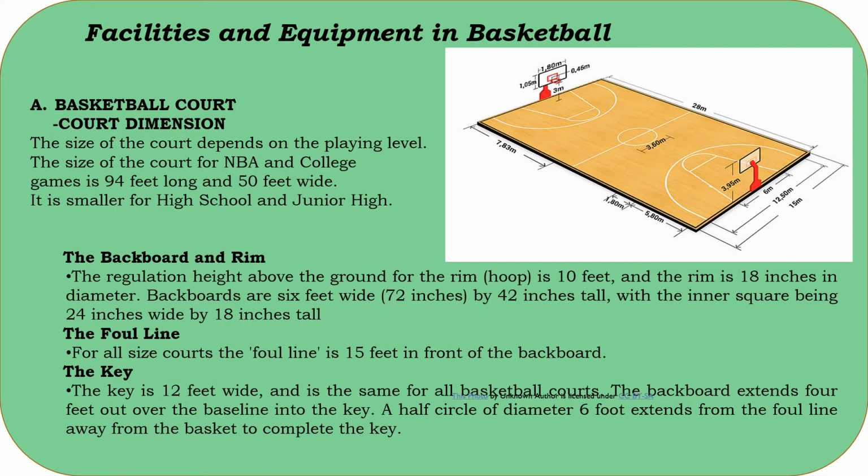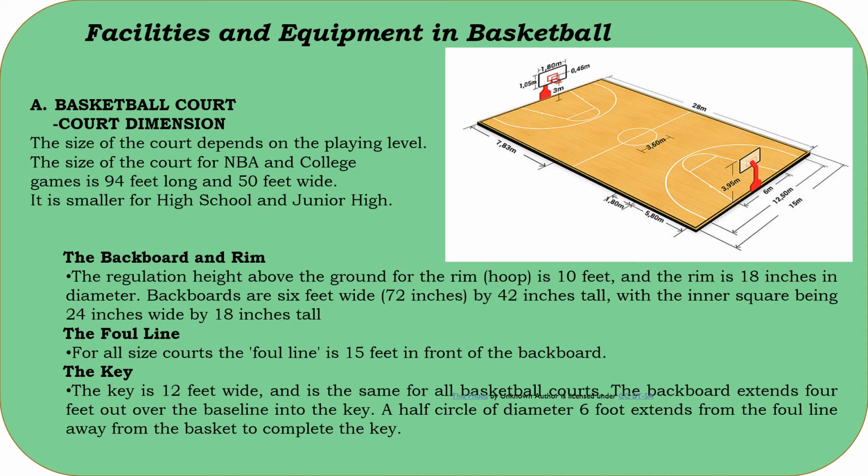Facilities and equipment in basketball. So we have the basketball court, the court dimension. The size of the court depends on the playing level. The size of the court for NBA and college games is 94 feet long and 50 feet wide. This is smaller for senior high school and junior high school. Of course, we have on the basketball court, also we have the backboard and the rim.